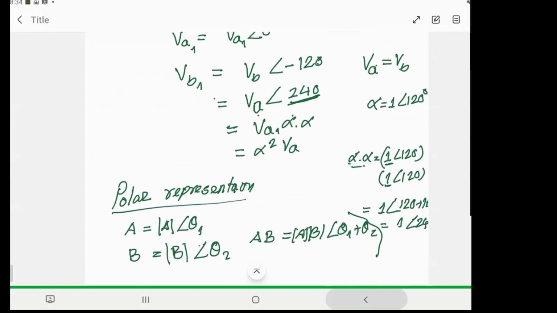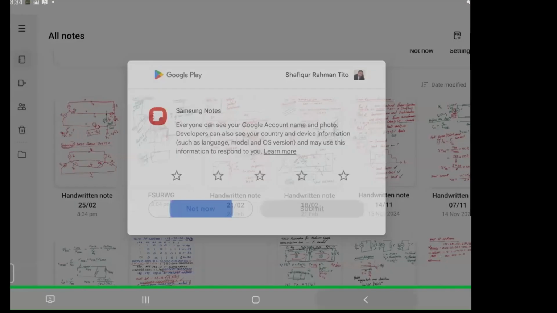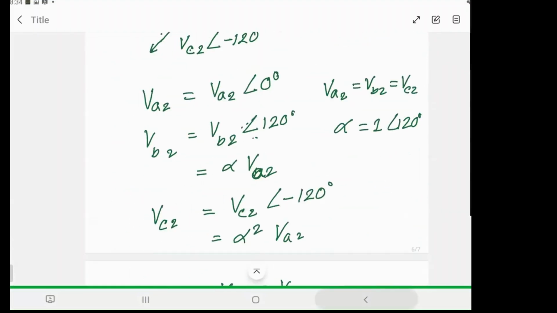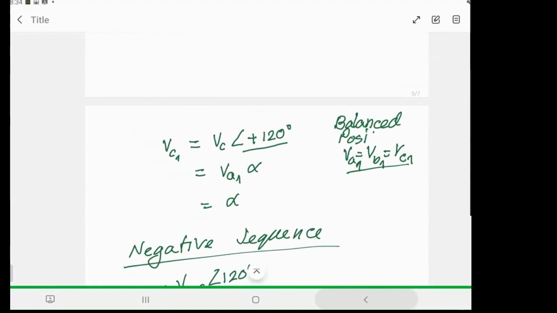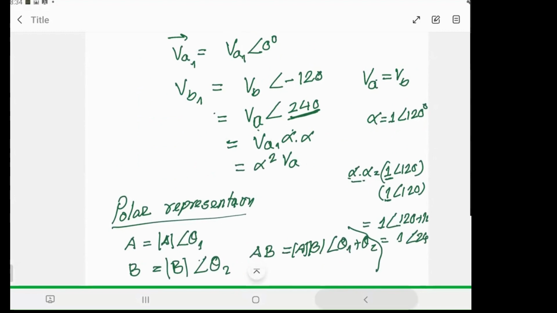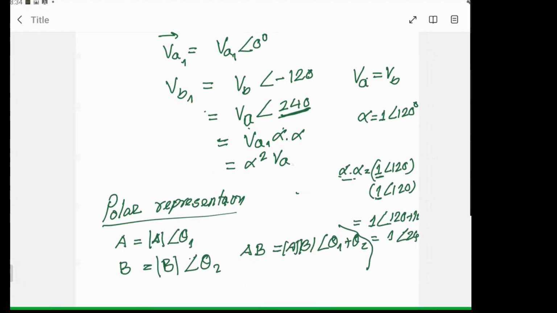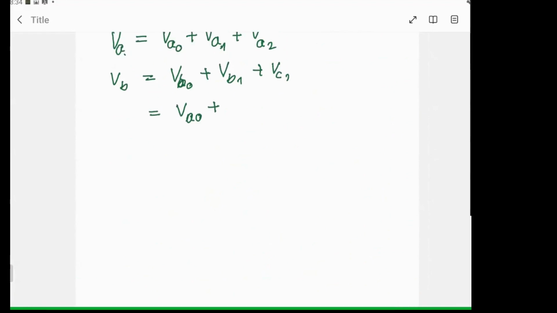So this one is A1. V1 is multiplied with A square. So I have to replace here my original.